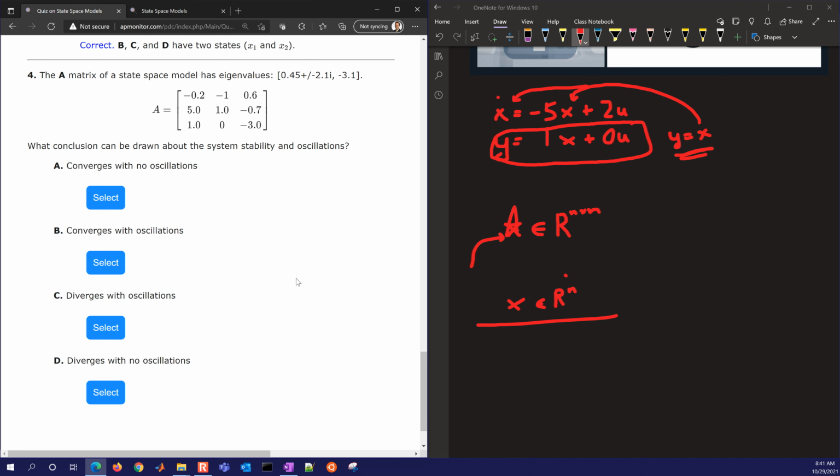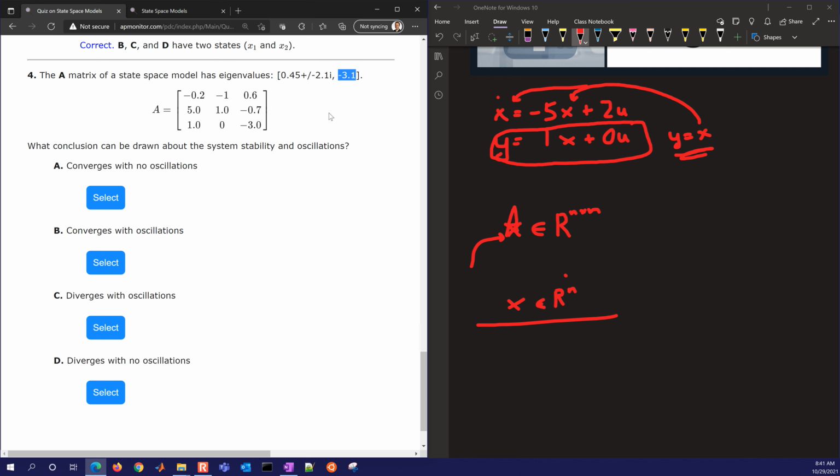The A matrix of a state space model has eigenvalues of 0.45 plus or minus 2.1i, there's our imaginary number, and then minus 3.1. What conclusions can be drawn about the system stability and oscillations?